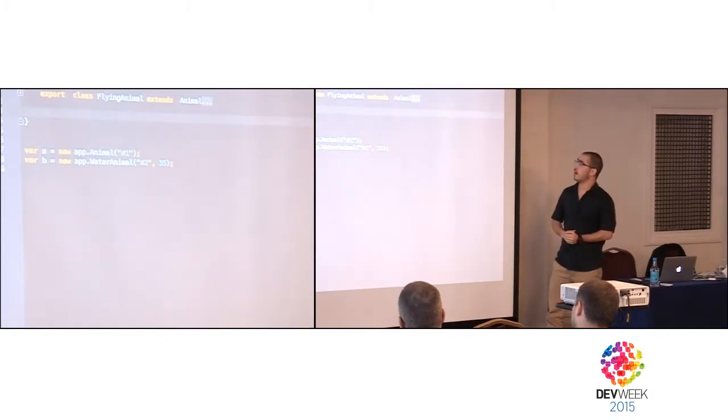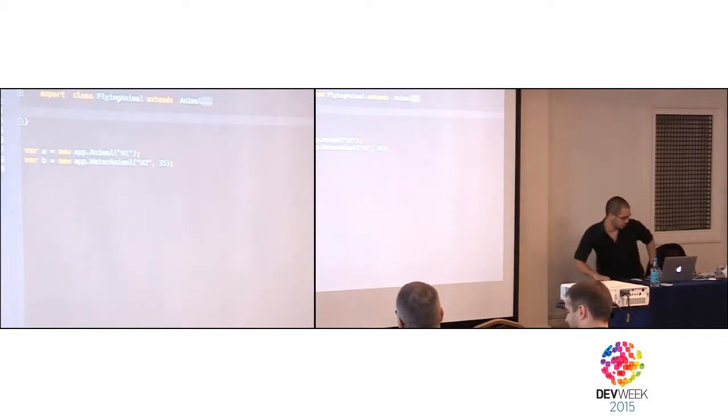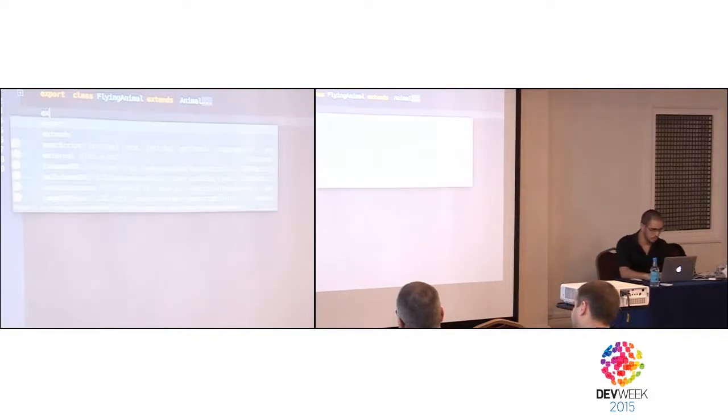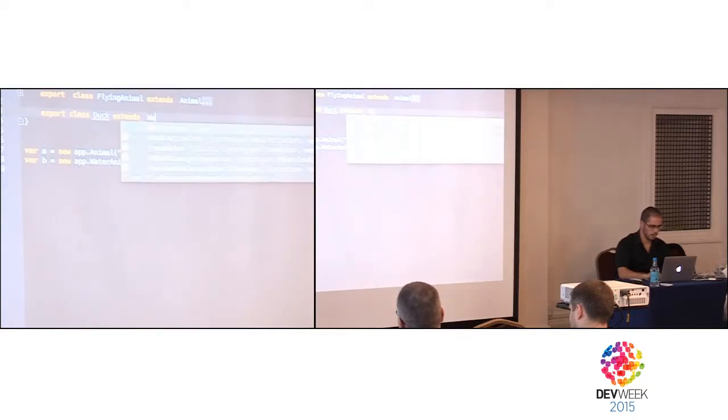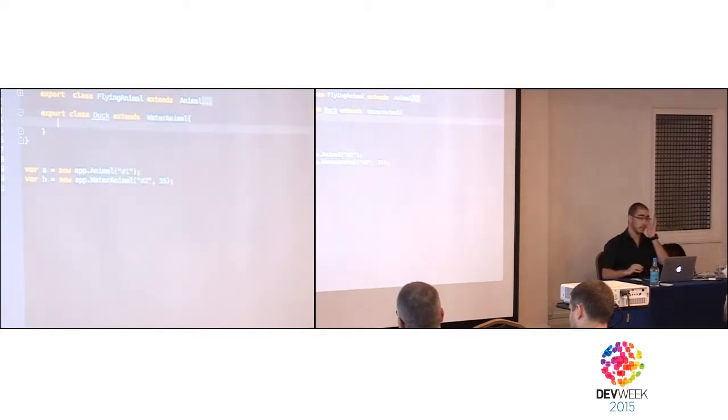So I'm going to say it's a water animal, and then we're going to have a problem with fly. How would you solve it? Interface, yeah. Okay, so let's create the duck. The duck extends water animal. That's great, and we want it to have the fly method.